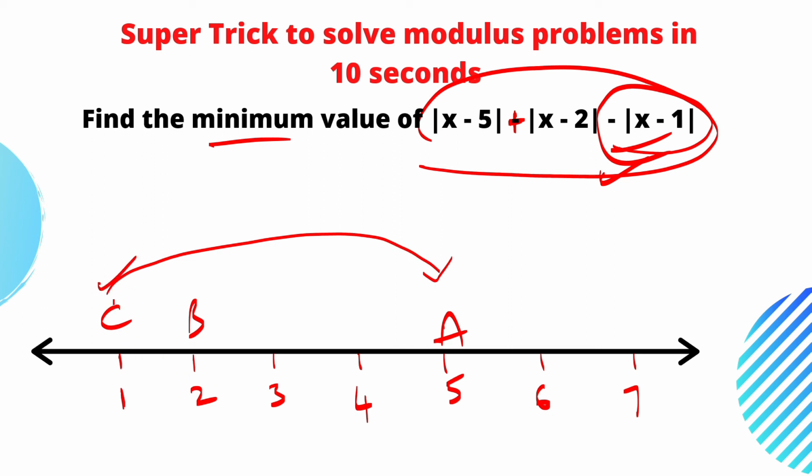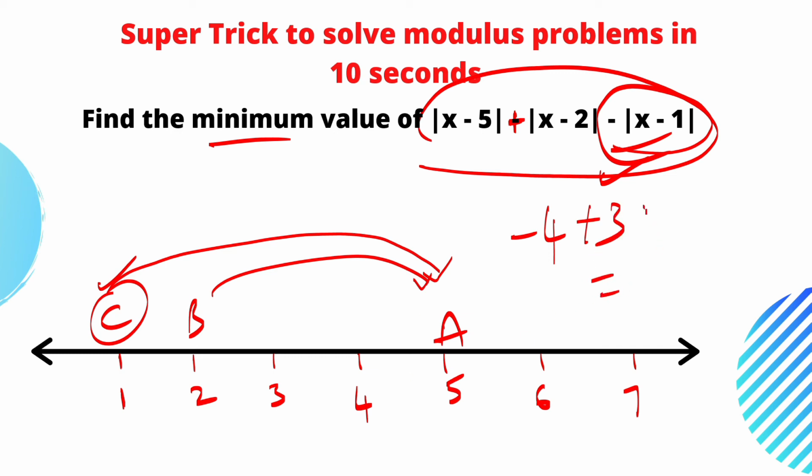So if we consider C traveling to A and B also traveling to A, C is traveling from 1 to 5, which is 4 units, minus 4 units, because we are maximizing this value, and B is traveling towards A from 2 to 5, it is 3 units. A is not traveling, so minus 4 plus 3, this is equal to minus 1. Minus 1 is the minimum value of this.